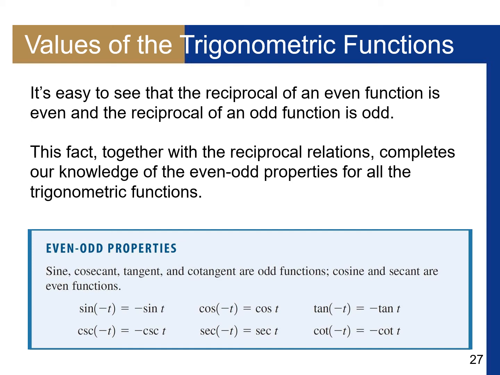So that will give you all 6 of your functions. Sine, odd, cosecant, odd, tangent, odd, cotangent, odd. However, cosine and secant are both even.